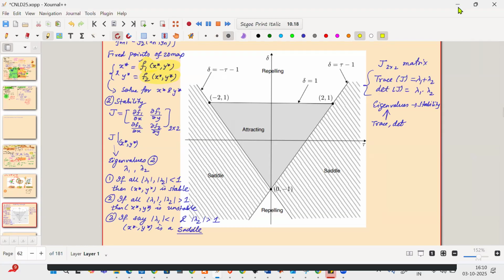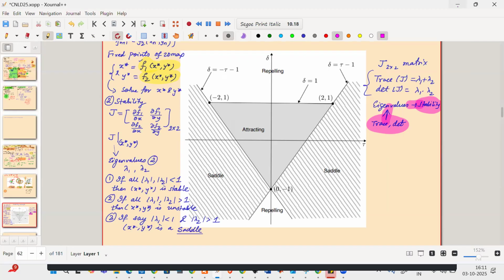That means there is a relation between trace and determinant and the stability of the fixed point, right? Because you can see this flow chart here: trace and determinant are related to eigenvalues, eigenvalues are related to stability, therefore trace and determinant are related to stability. Got the idea. So this diagram in the middle presents exactly the same.